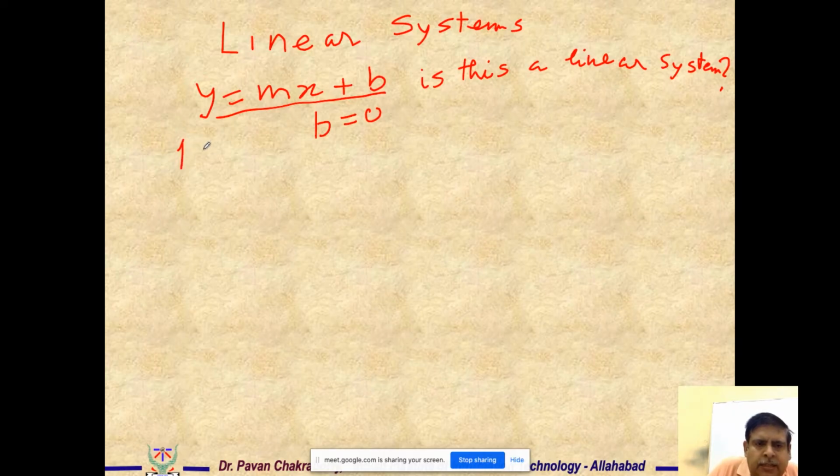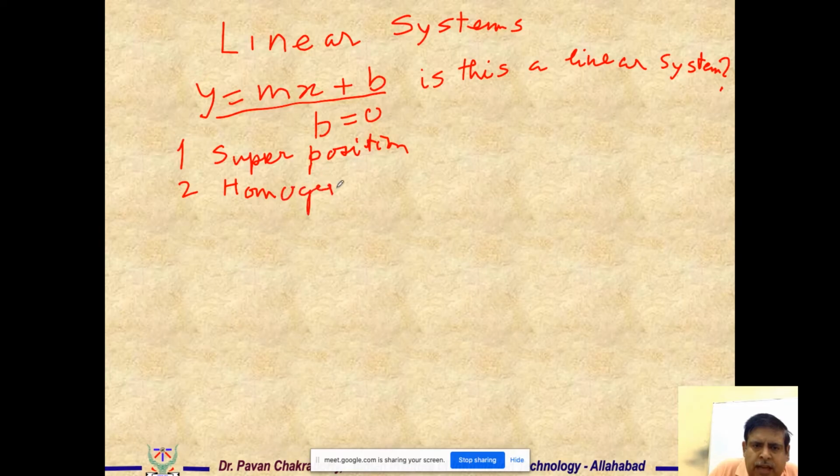Condition number one is the condition of superposition, and condition 2 is called the condition of homogeneity.